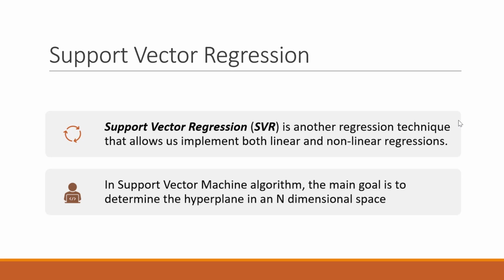Now, to understand the concept of support vector regression, we need to first understand what a support vector machine is. Basically, in a support vector machine, the main goal is to determine the hyperplane in an n-dimensional space, where n is the number of features or number of independent variables, and this will distinctly classify the data points.